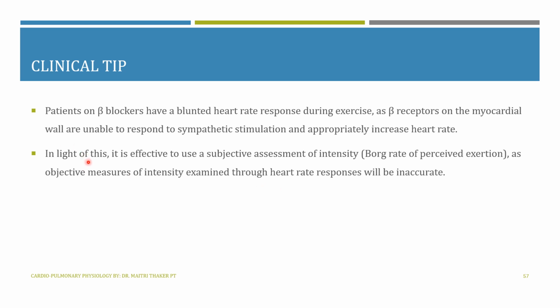Remember, whenever you are dealing with any patient having heart disease, whether in the past or present, or whether the patient is taking beta blockers, you cannot rely on the patient's heart rate, because it is not a proper indicator of the actual load on the heart. So you have to go for the Borg scale to determine how much intensity of exercise should be there. Just remember this whenever you are dealing with a cardiac patient.